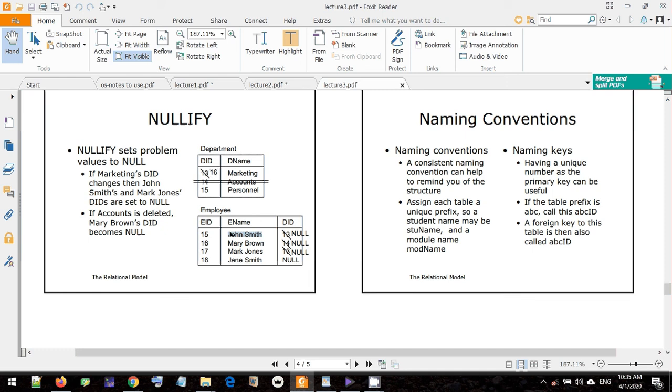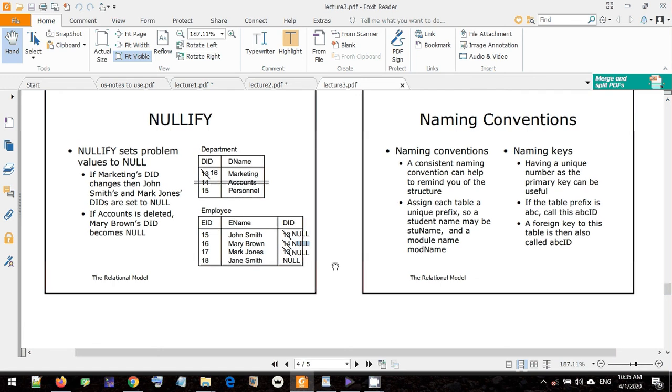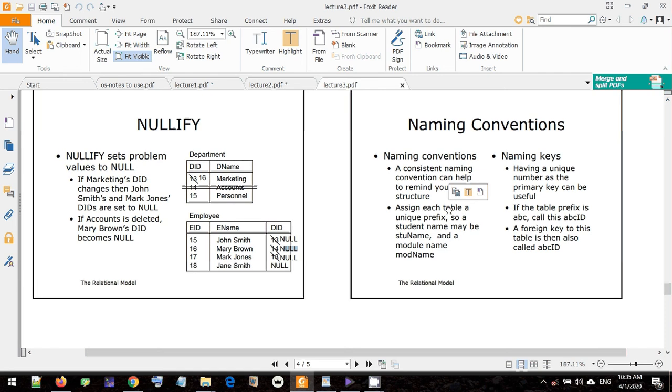When we come to the DID in the employee table, where there is a 13, it simply replaces the 13 with null. Next, if accounts is deleted, the ID for accounts is 14, we go to the 14 and simply change it to null. That is what we call nullifying to solve the problem.